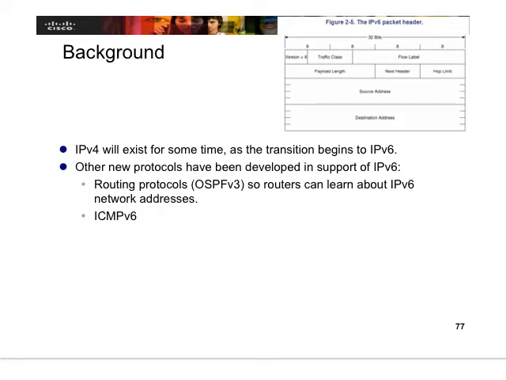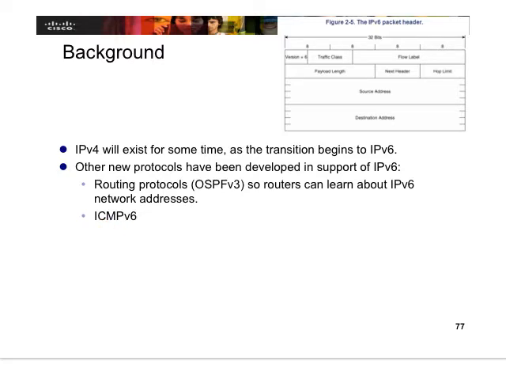So which packet to forward first? To provide some service differentiation, we now can use the traffic class and the flow label to prioritize which packets to forward before others. So this way you can provide different quality of service or some service differentiation.